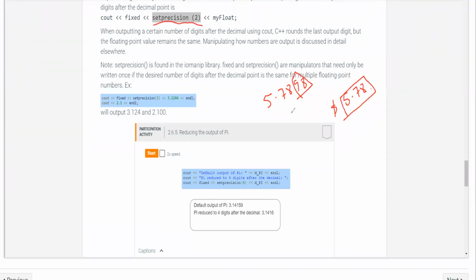I can say set precision and then the variable name, and it will show you like this. Otherwise, if you don't have this line, you will have this big number right here. So that is set precision, how you want to output things.